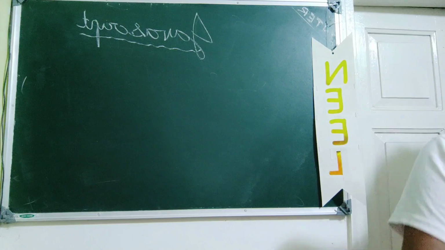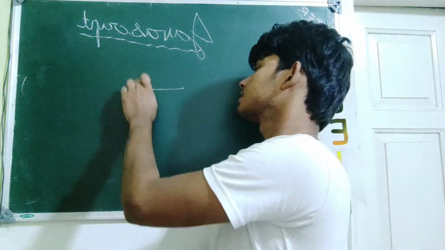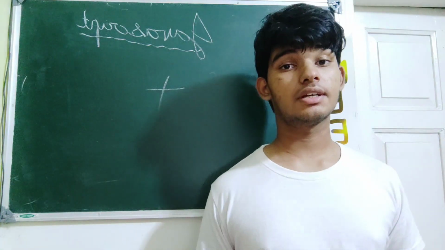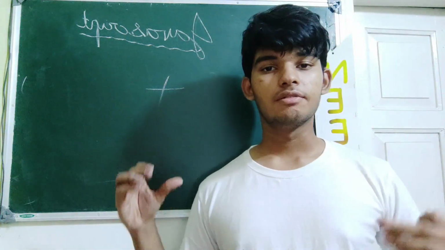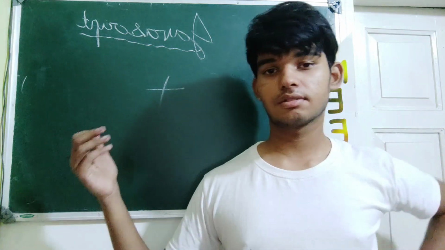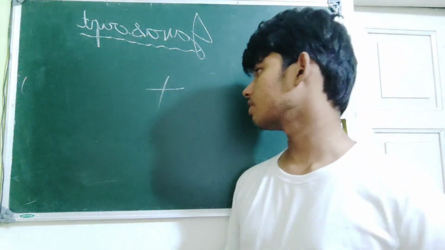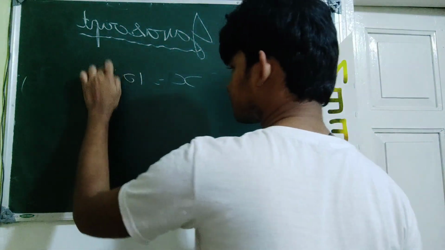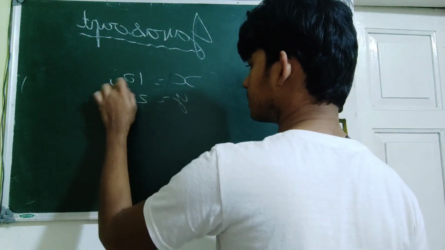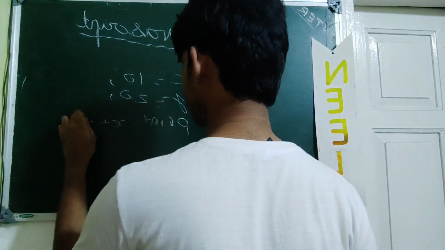Now, one really important thing that we need to learn is that the plus symbol is used for addition and also for string concatenation. String concatenation is basically adding up two strings. We talked about it in previous episodes regarding strings. Let's take an example where x is equal to 10 and y is equal to 20, and they ask you to print x plus y.